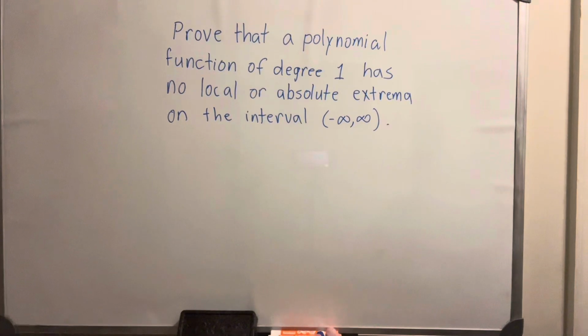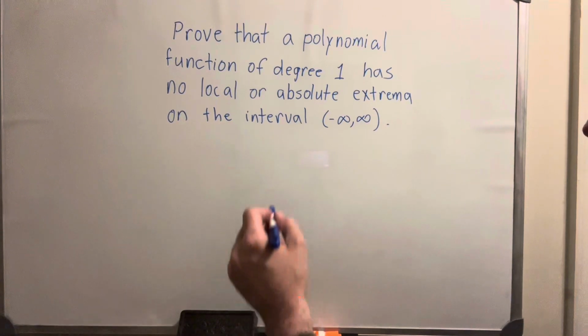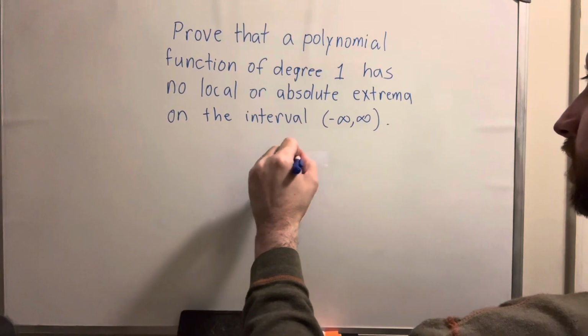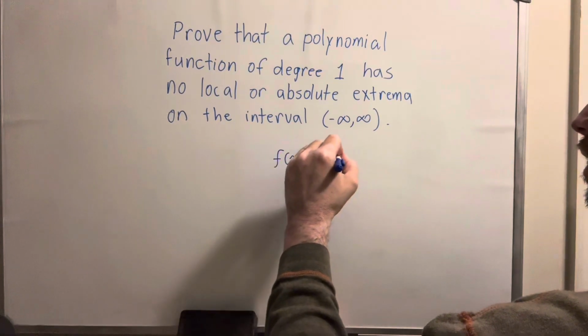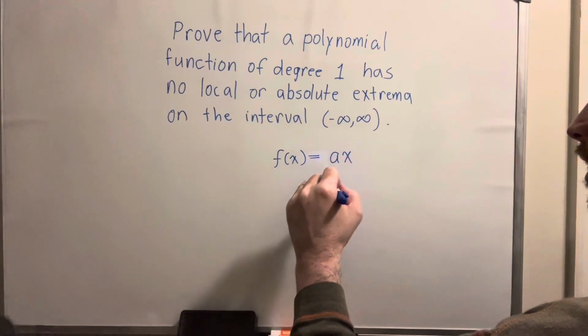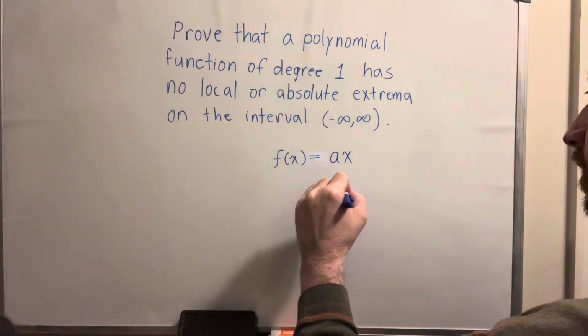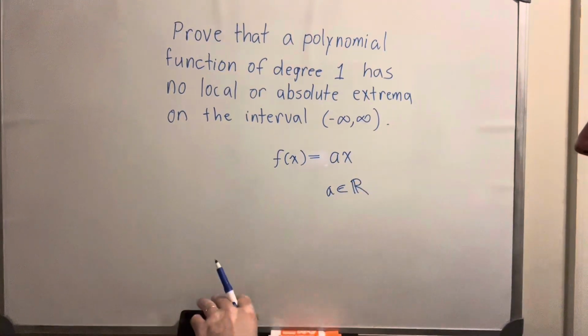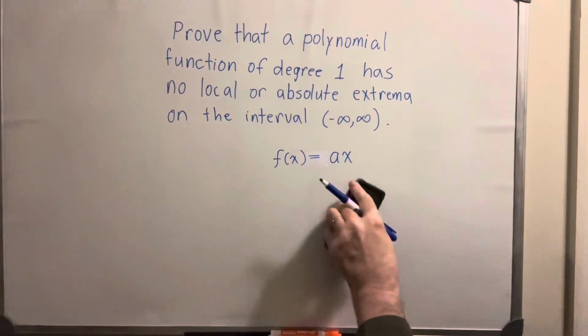It's talking about polynomial functions of degree 1. So we could say f of x equals some ax, where a is a real number. Okay, so a is a constant real number.